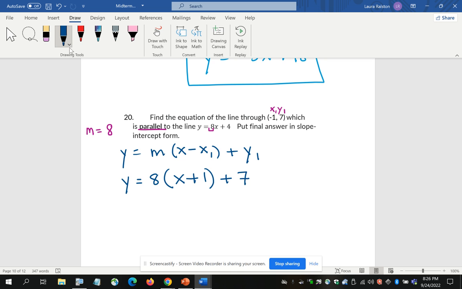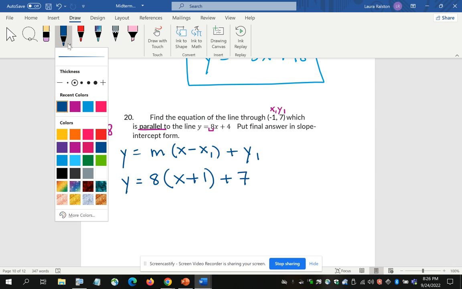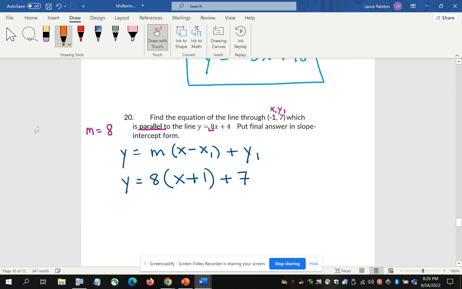And then to put it into slope-intercept form, I need to distribute. So I have 8x plus 8 plus 7. So I have y equals 8x plus 15.